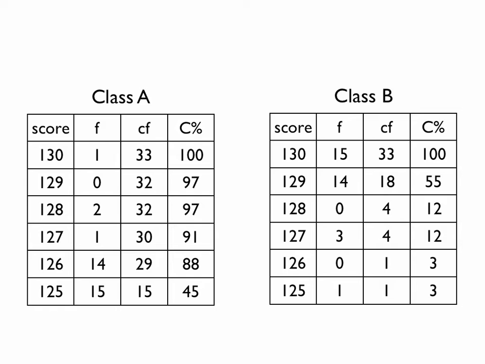So a score itself doesn't really provide that much information if you don't know the actual distribution of these scores. You need to know where that score lies in that distribution, and that information is provided by the percentile rank of the score. So we can see with a class with the same range of scores and the same number of people, a 127 can be a very good score in Class A or a very bad score in Class B.